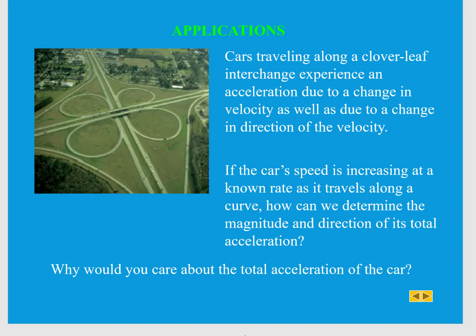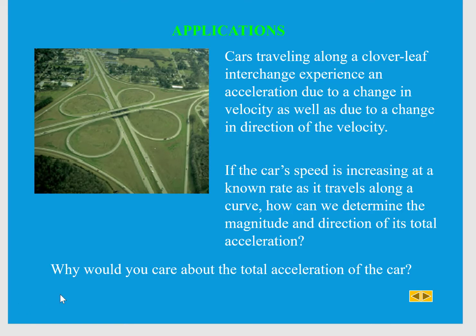An example where tangential and normal component analysis is useful is when you study a car traveling along a clover leaf. If a car is traveling, you will feel, while you are speeding through this curvilinear motion, some force attracting you to the center of that curve.